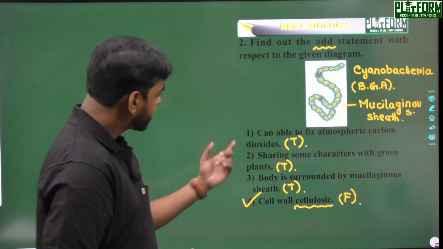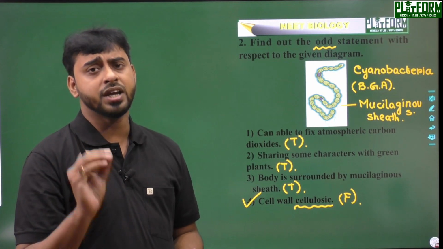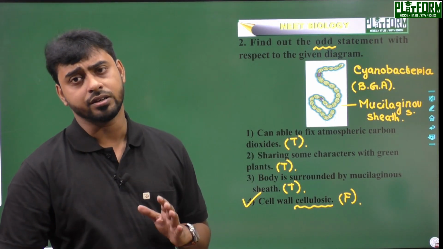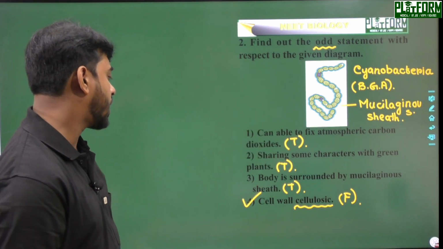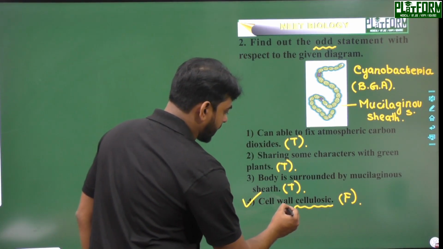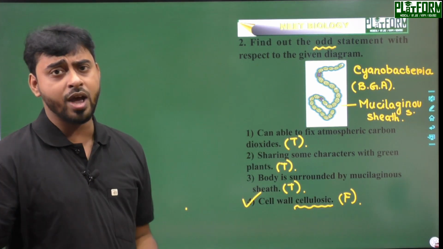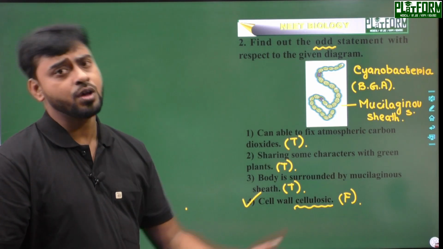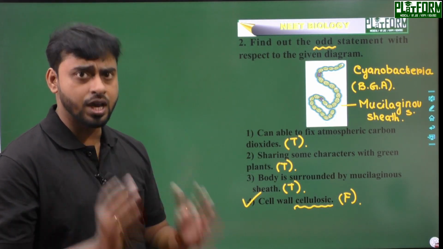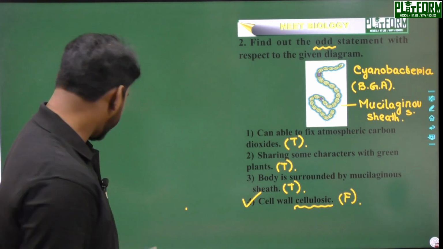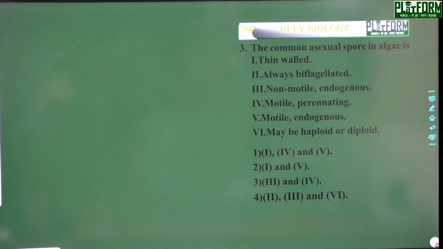Similarly, the cyanobacteria also have a cell wall made up of peptidoglycan. So the odd statement with respect to this diagram is that the cell wall is made up of cellulose. Clear? So, let's move to our next question.